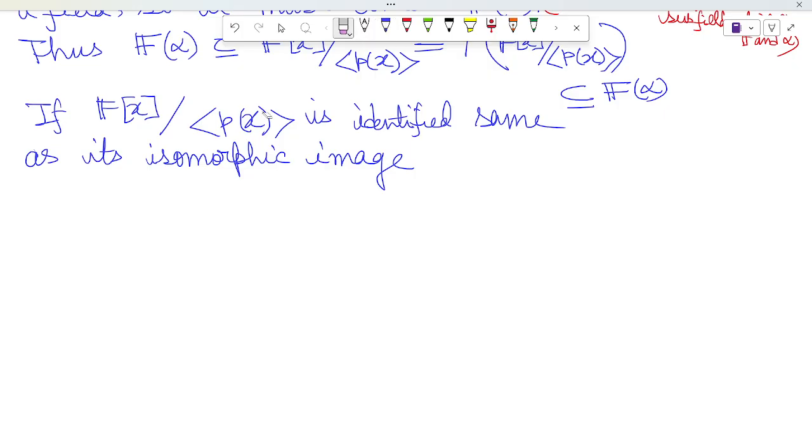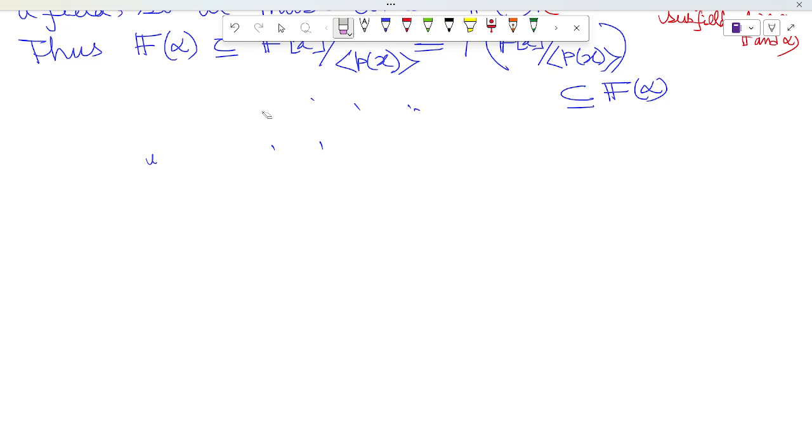From there we can say they will be equal. I need isomorphism. So if you compose the map, then you will get the isomorphism.